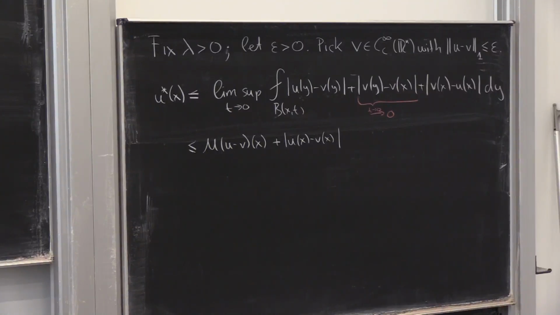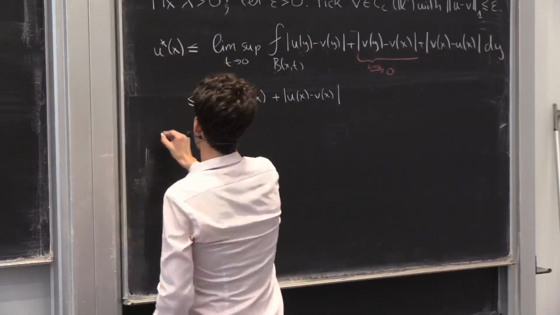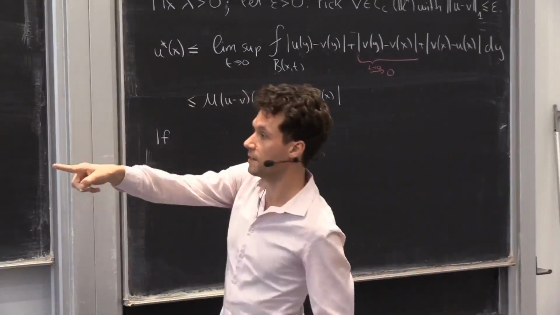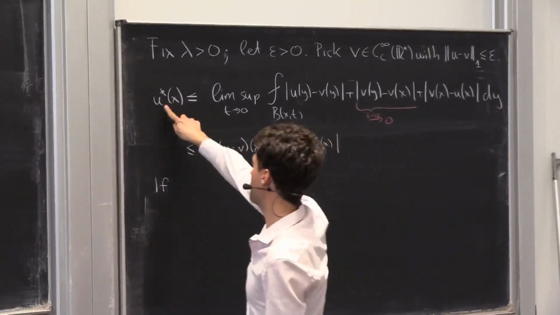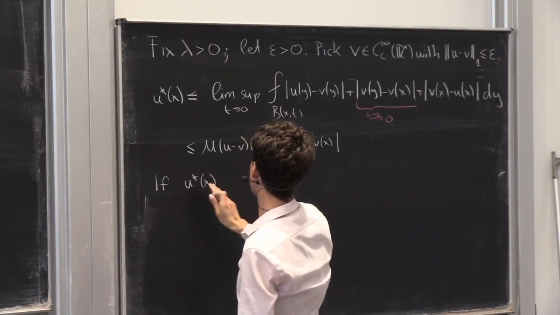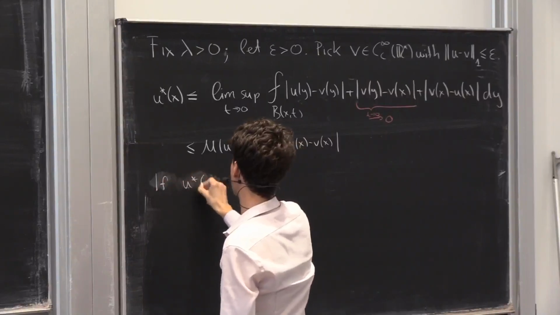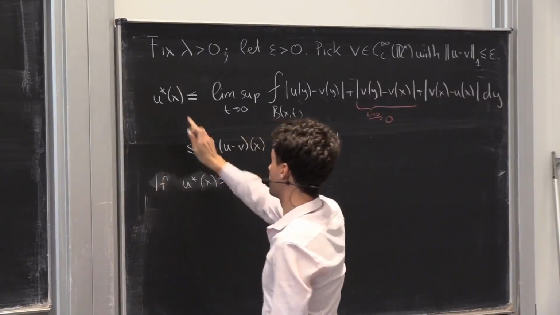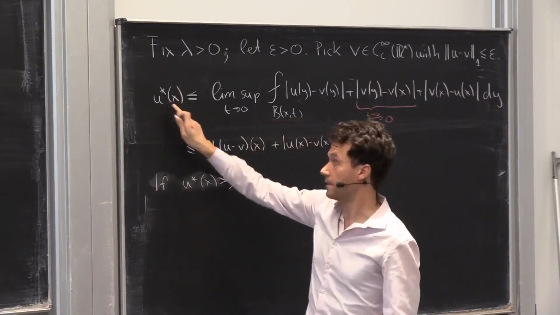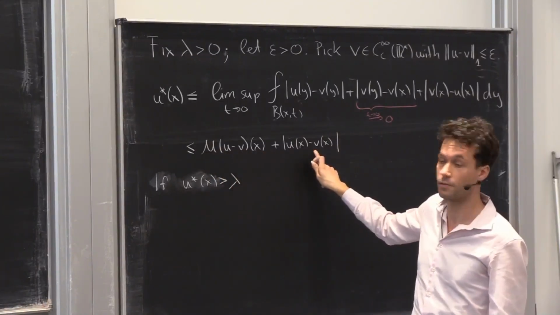All right, so to come to an end, I have to look at super level sets of u star. So if u star of x is larger than lambda, this means the left-hand side is larger than lambda, then one of these two guys has to be larger than lambda over 2.